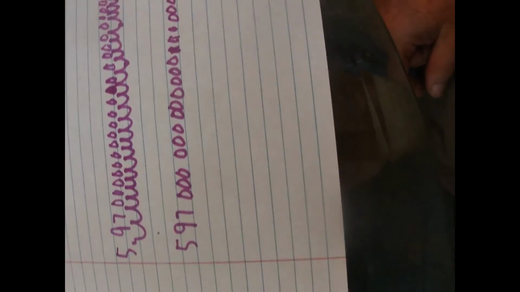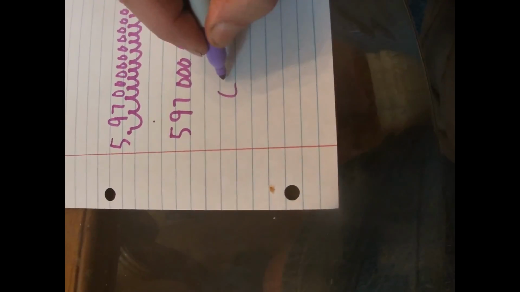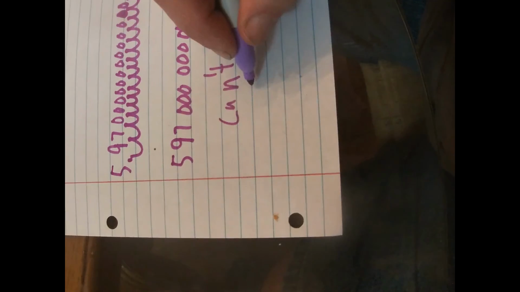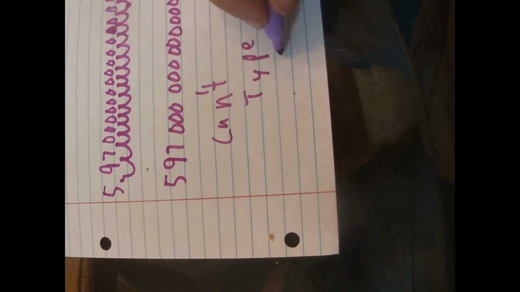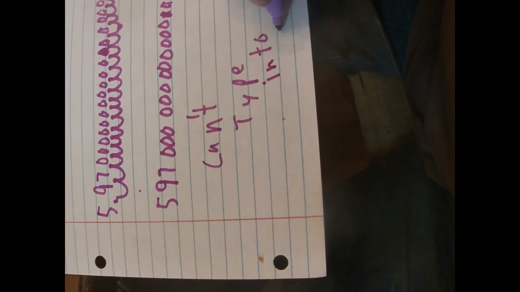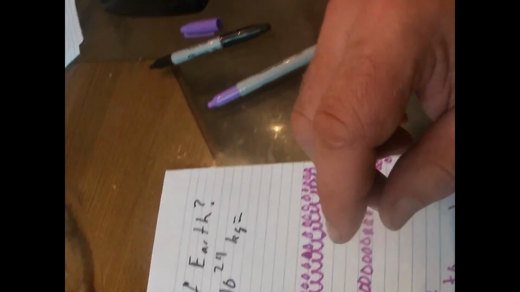Oh my goodness, I still didn't leave room. Okay. That's a lot of zeros. Anyway, of course, this one is probably closer to what I have in my bank account, just a plain old 0. But at any rate, you can see why you would not want to, or could not even, type that into a calculator. And so you could see why you would want to use scientific notation.